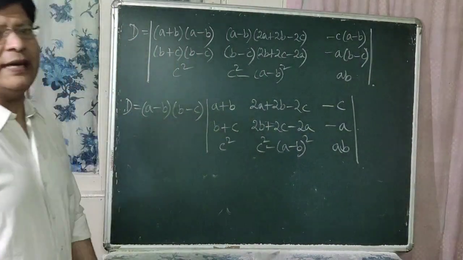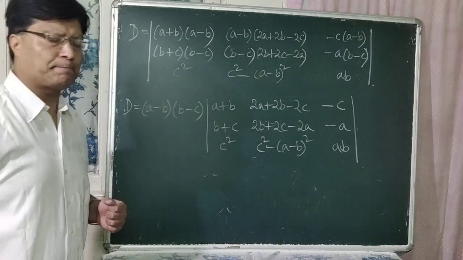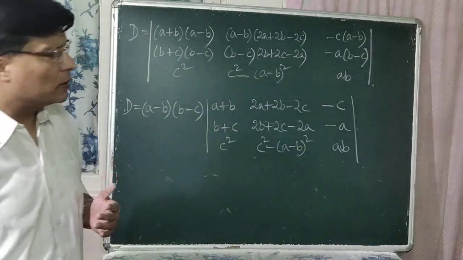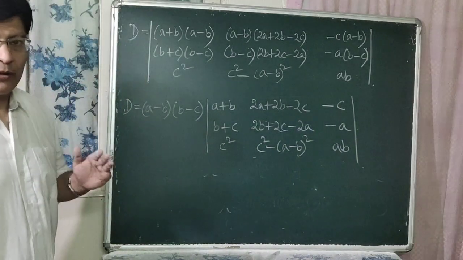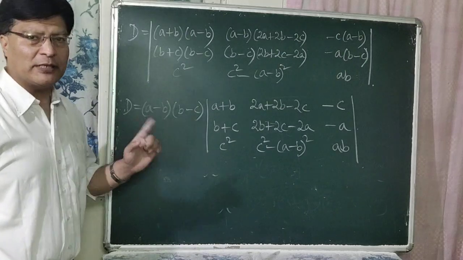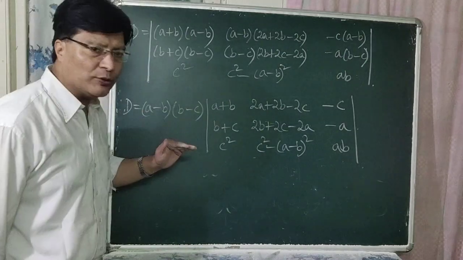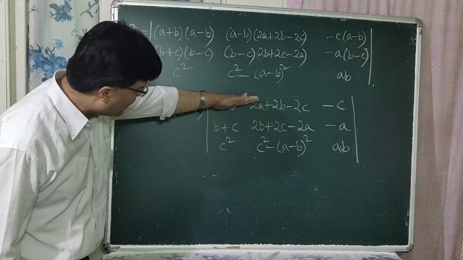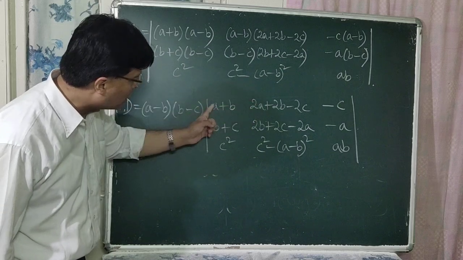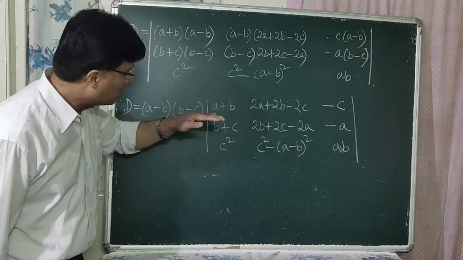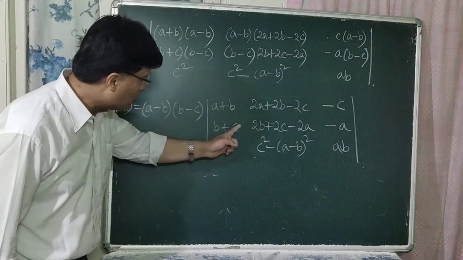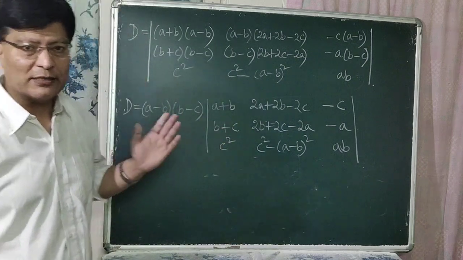So now again on the right hand side, there was c minus a as one of the factors also, isn't it? A minus b, b minus c, c minus a was there. So what we will do here is that either you can do r1 minus r2. If you do r1 minus r2, you will get a minus c, b gets cancelled. But if you do r2 minus r1, that will be c minus a. That means we are getting c minus a, right?